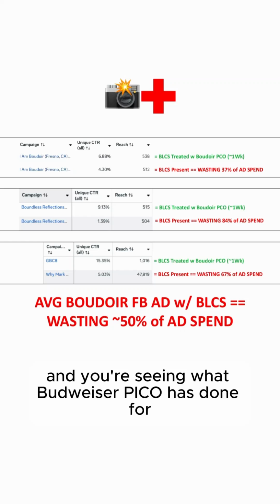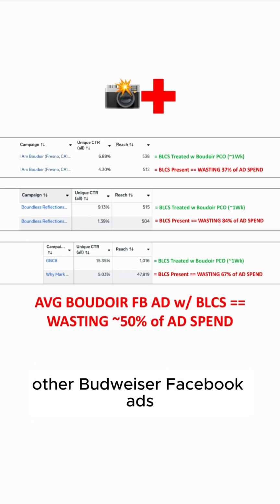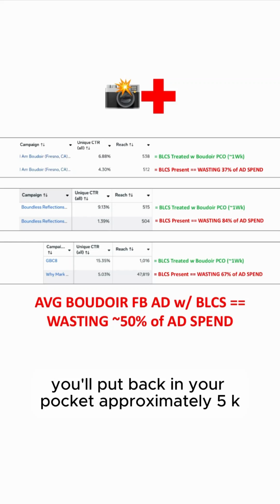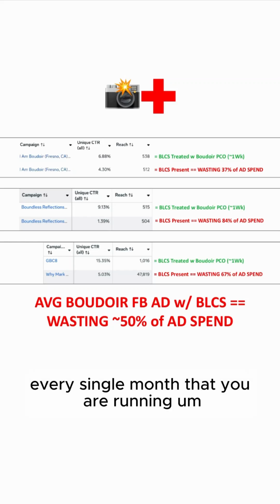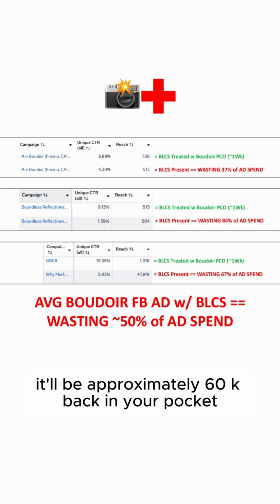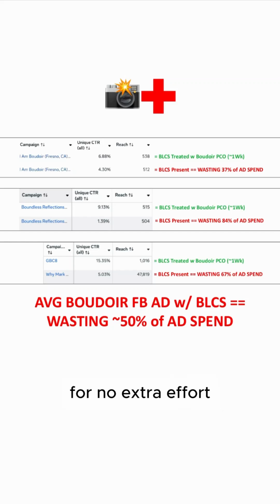And you're seeing what Boudoir Pico has done for other Boudoir Facebook ads, and you're seeing that you'll probably put back in your pocket approximately 5K every single month that you are running your Boudoir Facebook ads. So at the end of 12 months, it'll be approximately 60K back in your pocket for no extra effort.